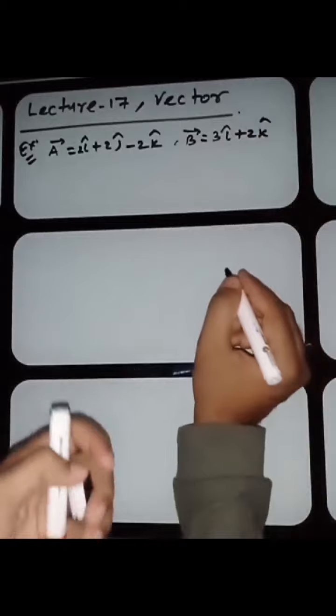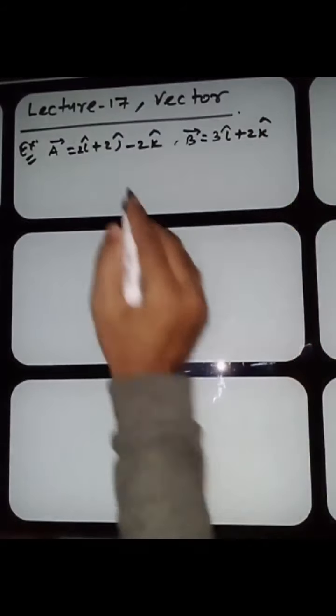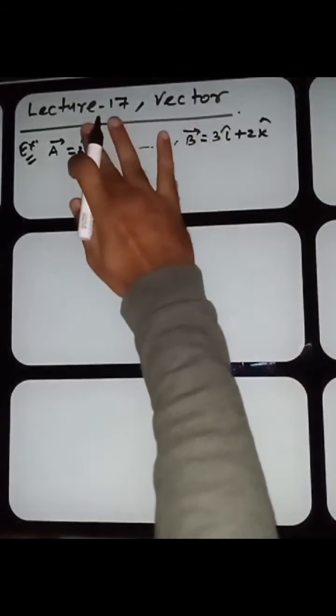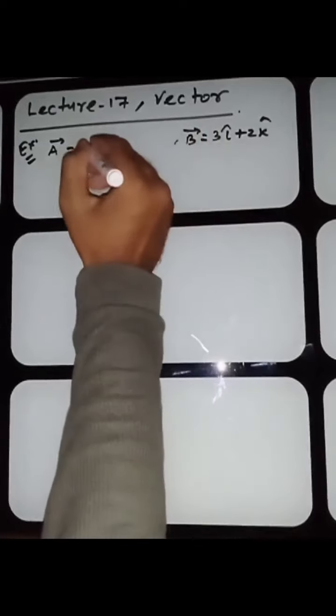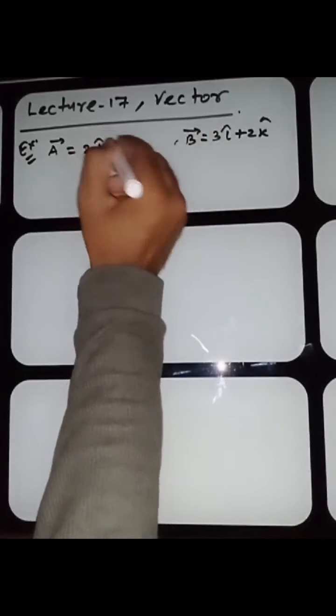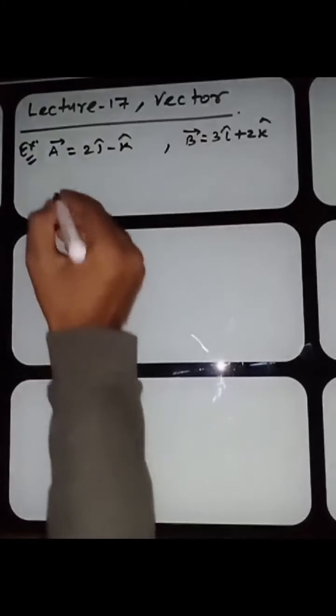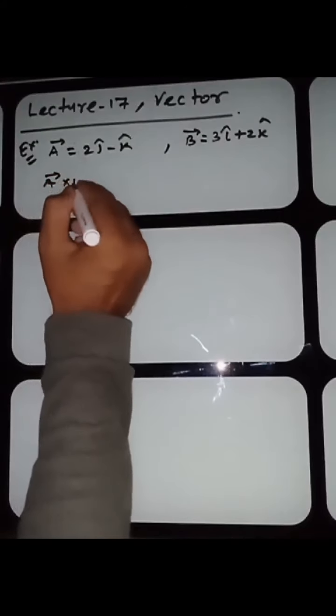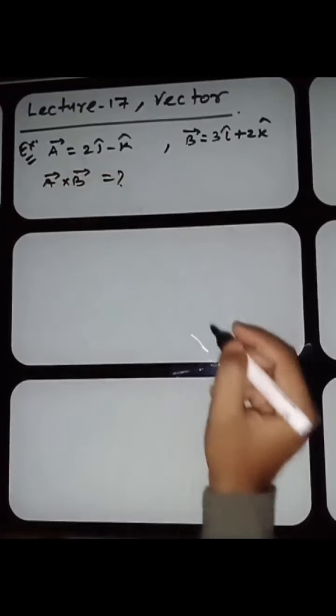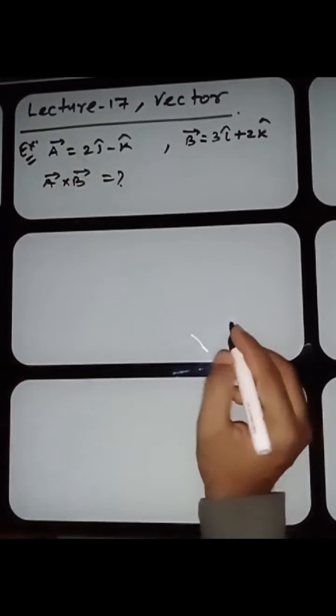We don't have the j component. Here you have 2j minus k. If you have two vectors in this way, then what will be the cross product of A and B? So we are going to solve this question now.